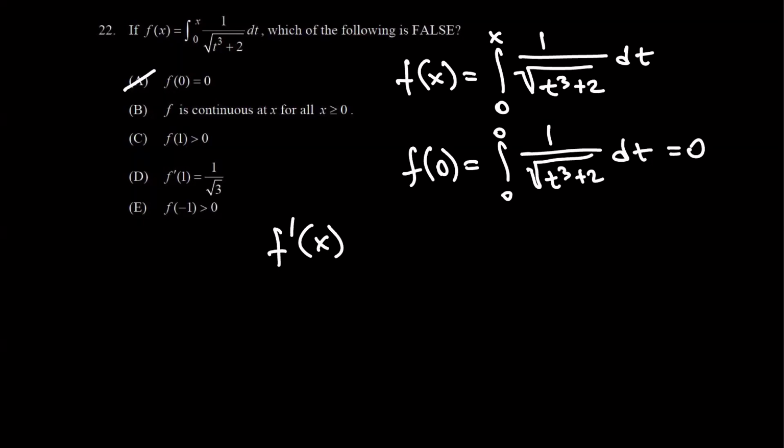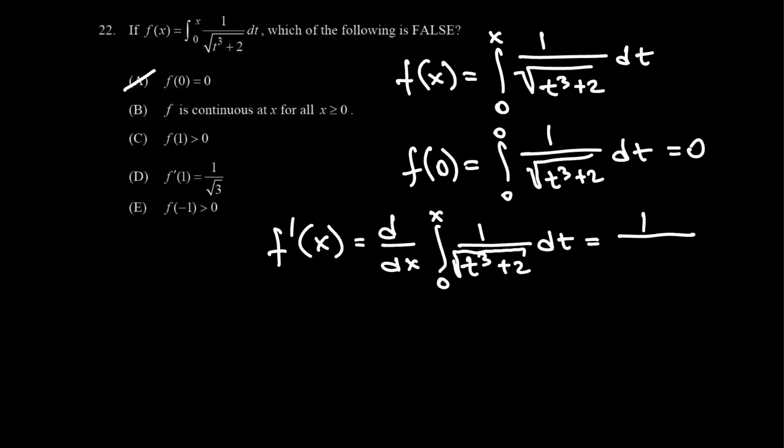So the derivative of the function is d over dx of the integral from 0 to x of 1 over the square root of t cubed plus 2 dt. And so the derivative in this case, we just plug in x in the function under the integral. So this is equal to 1 over square root of x cubed plus 2.